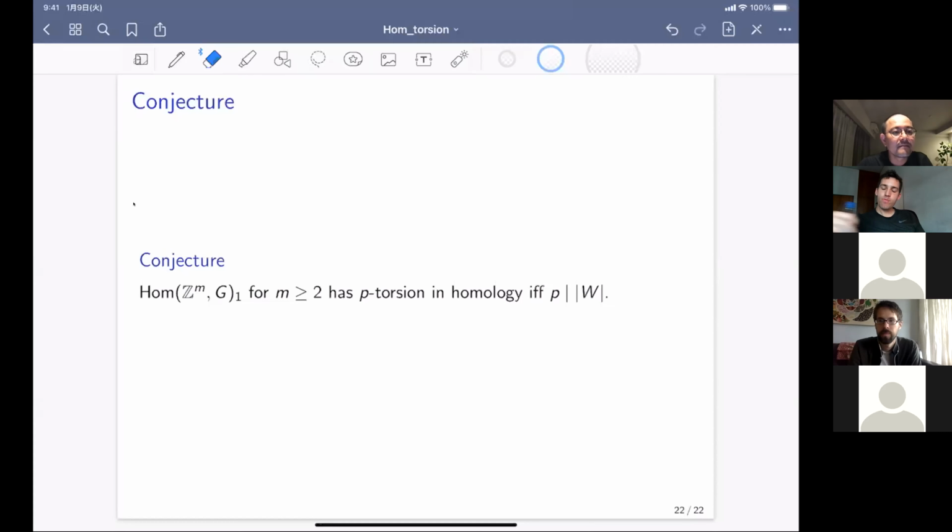Could you do something iteratively, where you collapse some lower skeleton and then, if you further collapse to the top cell, you get a splitting? So maybe the portion in the middle would also split off. I'm not quite sure, but I'm wondering if there's some way to iterate the process to get information further down. Yes, that's a very good question.